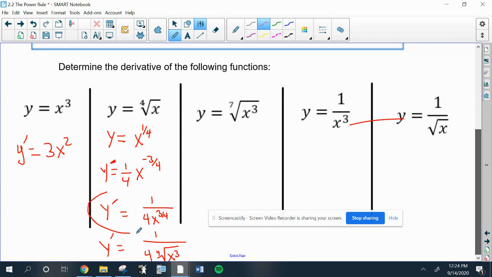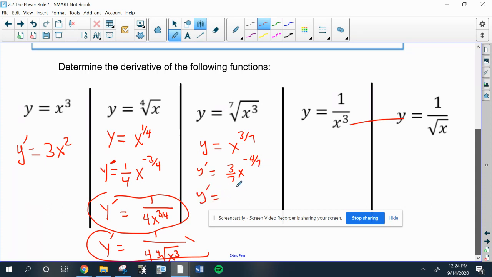But either one of these answers is okay. The next one, you have to remember your rules of exponents, just like the last one. This is x to the 3/7. So the derivative would be 3/7 x to the 3/7 minus 1, so minus 7/7. Simplify. And you're done.